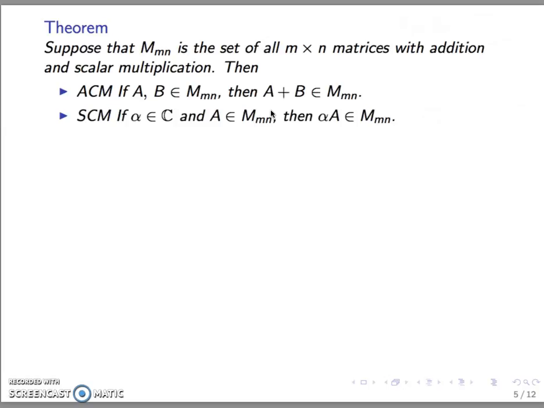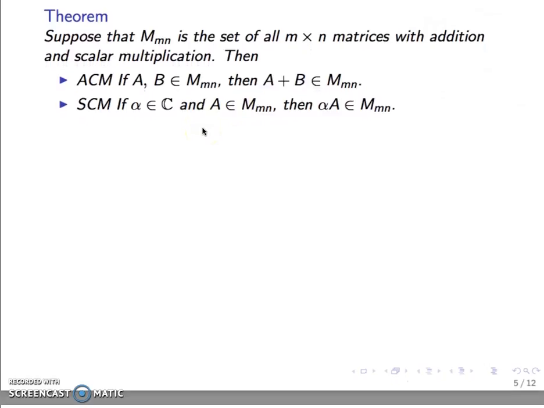Scalar multiplication also has that closure property. Things still remain within the set. Formally speaking, this set of matrices, the set of all rectangles, is going to have a fancy name that we will explore in more detail later. And that fancy name is vector space.